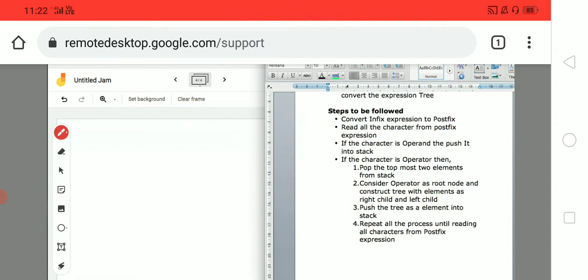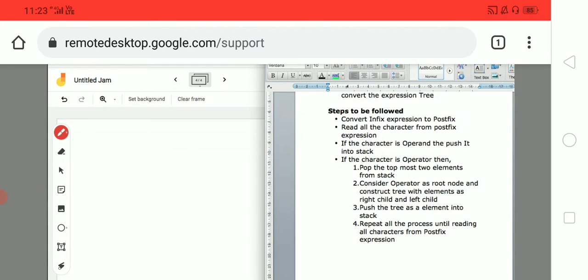Consider operator as root node and construct a tree with elements as right child and left child. So here we have to consider the operator as a root and we have to insert the operands as a left child and a right child. And another step is we have to push the tree as an element into stack.